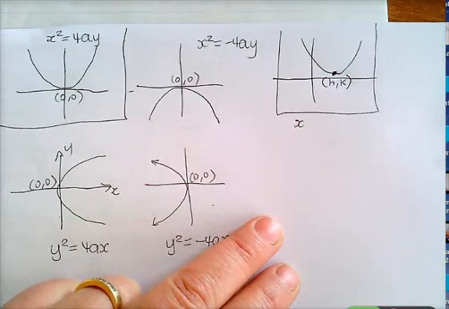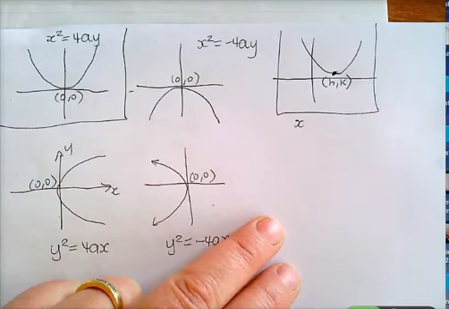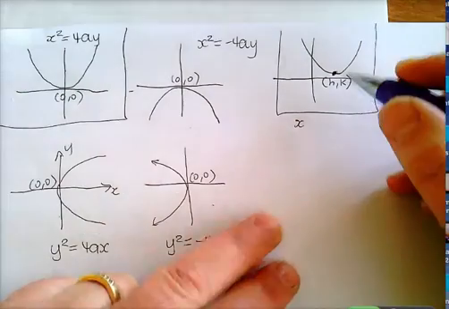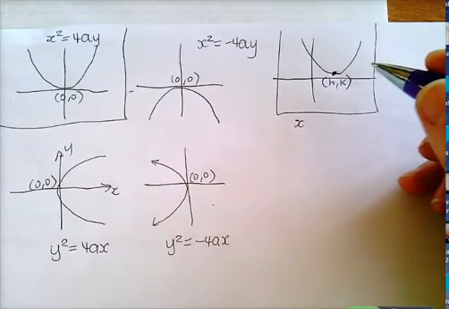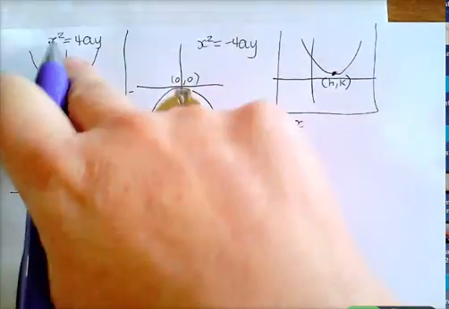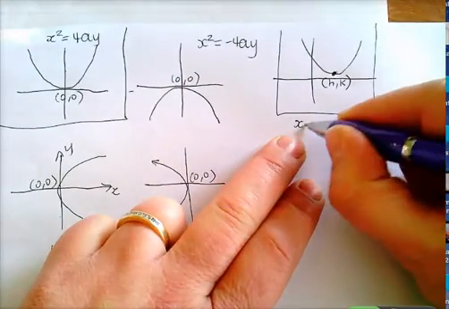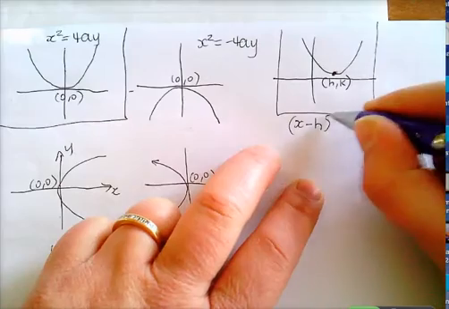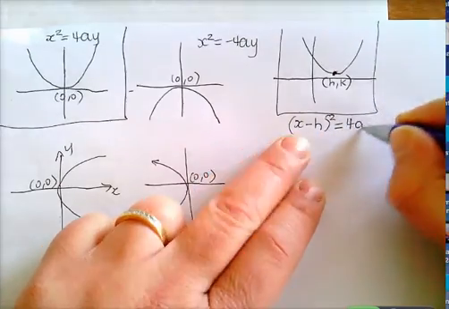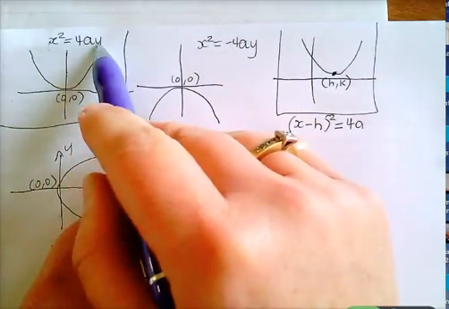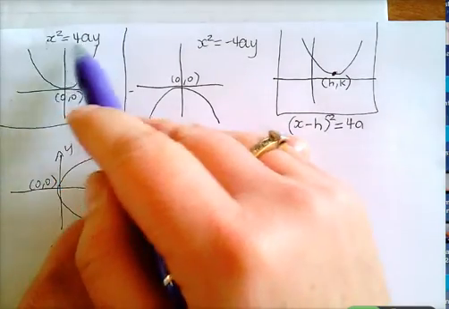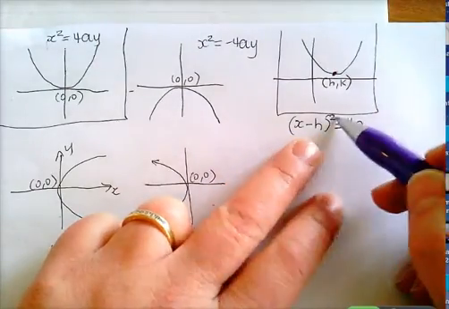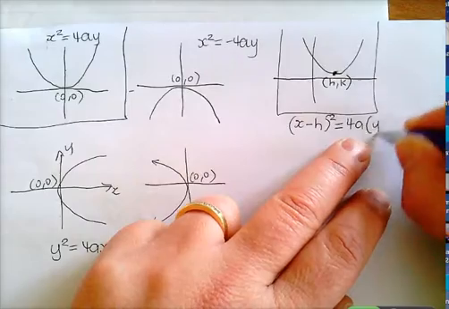What's the equation of a circle where the centre is not 0, 0? (x minus h) squared plus (y minus k) squared equals r squared. So this will be the same. Instead of x squared, I write (x minus h) squared. I know it's the x squared equals 4ay type, but I just shift my x and my y. So it's (x minus h) squared equals 4a(y minus k).